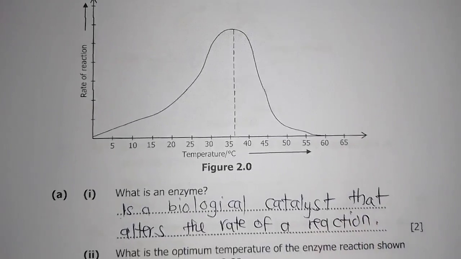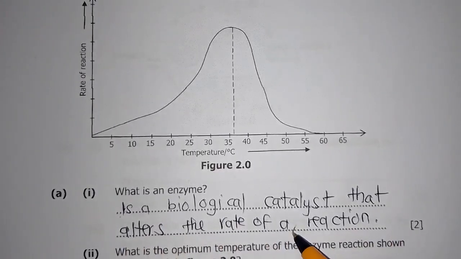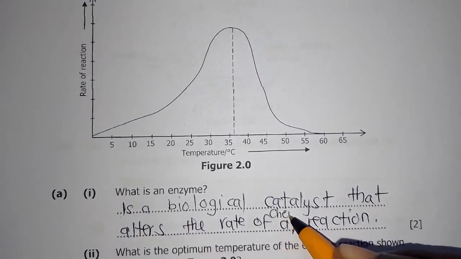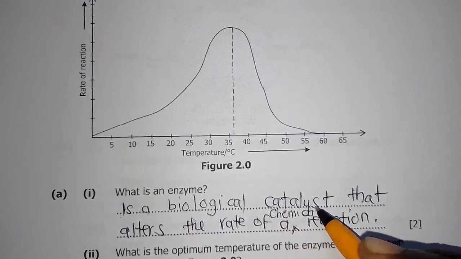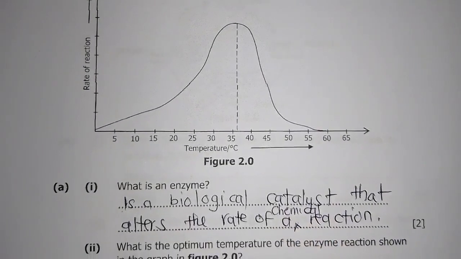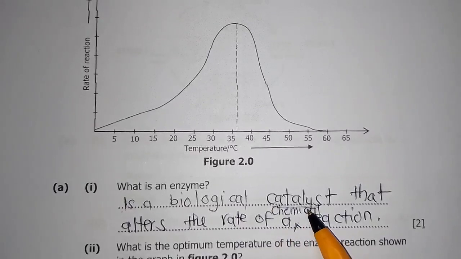So what is an enzyme? An enzyme is a biological catalyst that alters the rate of a reaction. Specifically, we are talking about a chemical reaction. The word catalyst here, you know that a catalyst is a substance that slows down or speeds up the rate of a reaction.